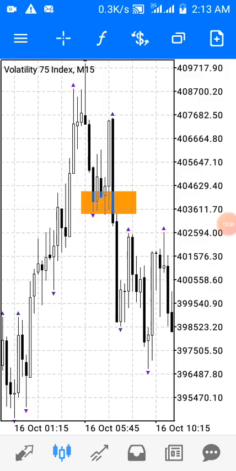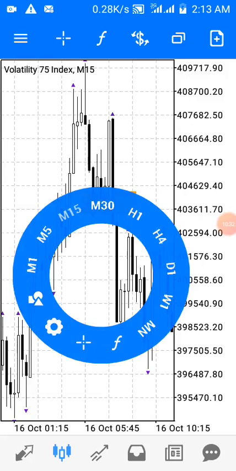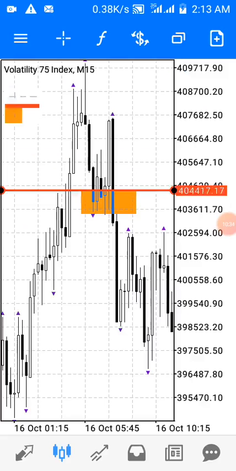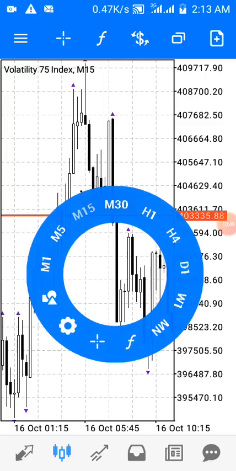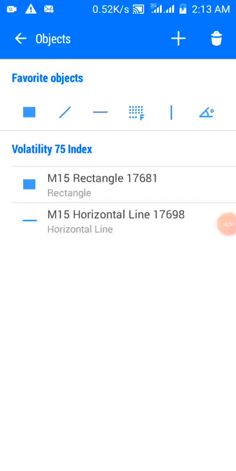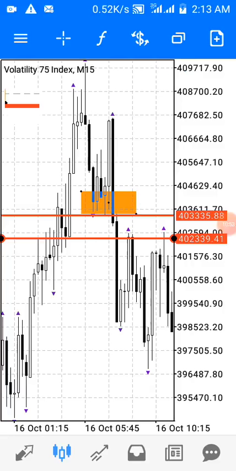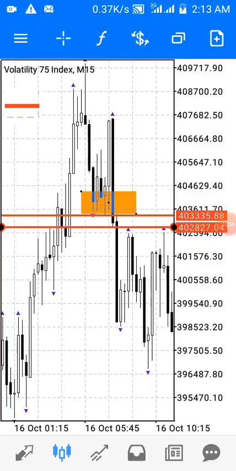So I have a sell, there's my sell here. So my take profit, I can set a take profit. I could decide to take profit at probably 1,000 points below my sell position.